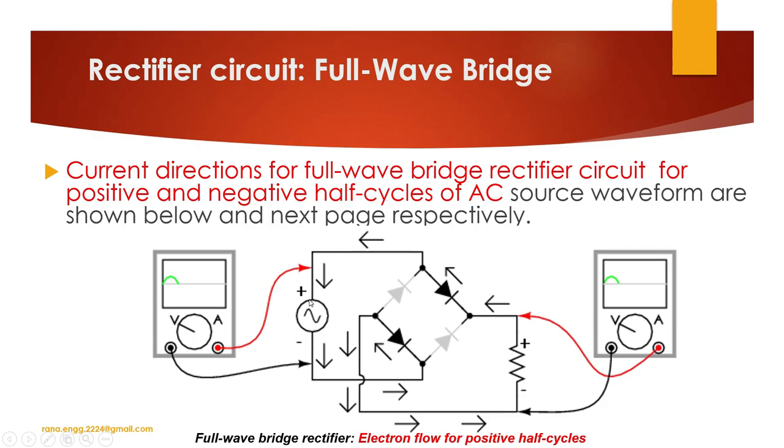So if we consider conventional direction of current, then from positive to negative it will go first from this particular diode. When current reaches this particular point, it has 2 paths to travel, one towards this diode, another one towards this diode.